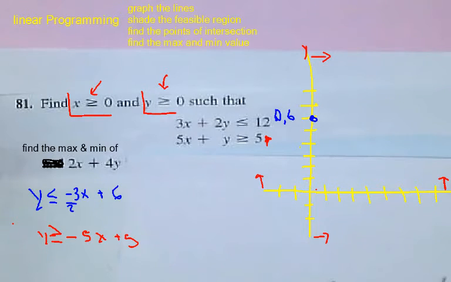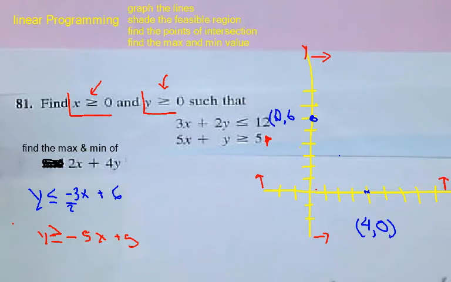So if I go over 2, down 3, I'll be right about there. Over 2, down 3, I'll be right about there. And that point is 4, comma 0. What am I saying? 4, comma 0.